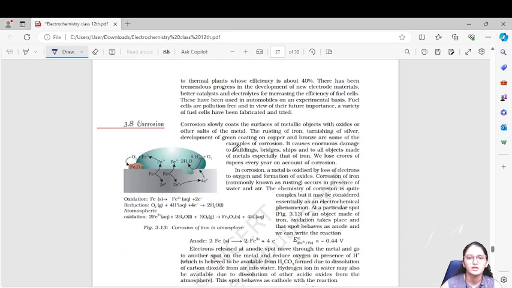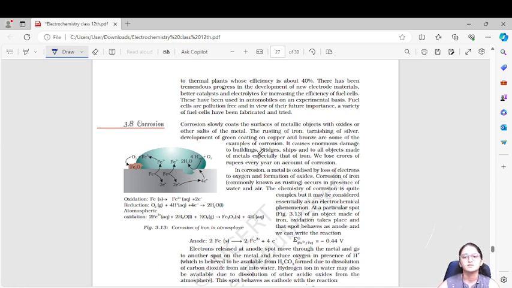Next is corrosion. Corrosion means what? As you have studied in lower classes, it's the oxidation of metals like iron and copper. After oxidation, a brown layer is formed on iron, that is rusting, a green layer is formed on copper, and a black layer is formed on silver.